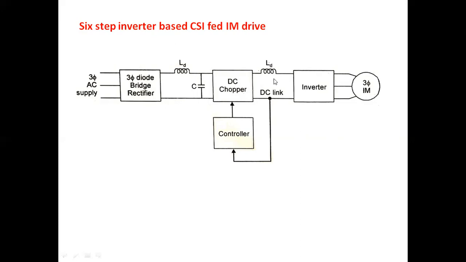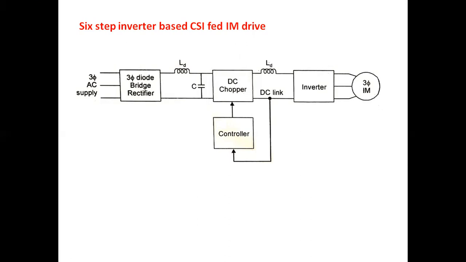The magnitude of the current available after the inductor depends on the voltage. For various values of voltage, we get various values of current, and those currents are given as input to this inverter, so that variable current is obtained at the output of the inverter. Variable frequency is obtained by controlling the time period of the inverter, so variable current, variable frequency operation is obtained at the inverter.